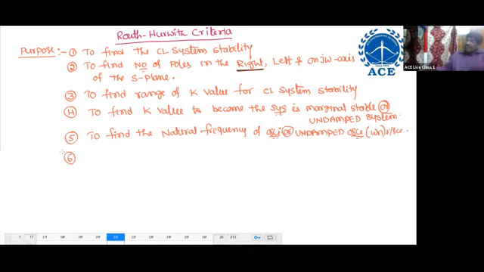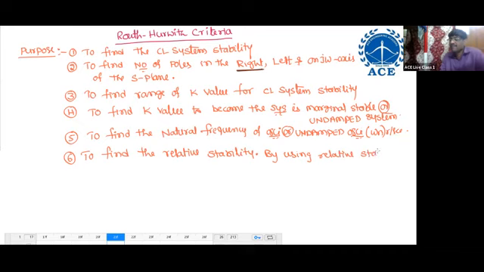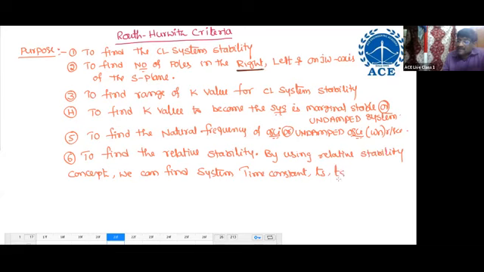Next, to find the relative stability. By using the relative stability concept, we can find the system time constant, settling time, and the time required to reach steady state, TSS.